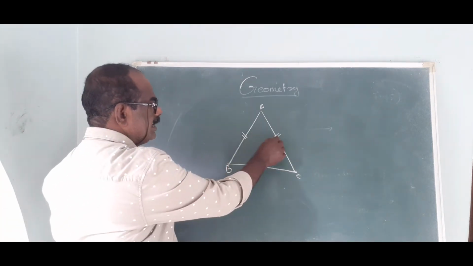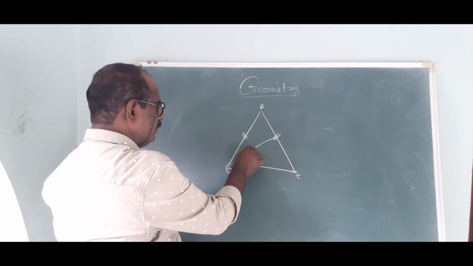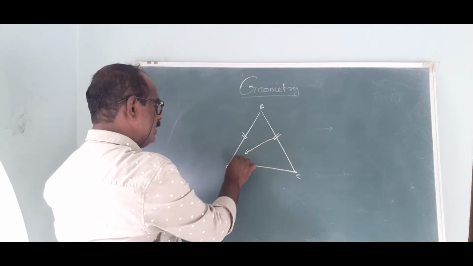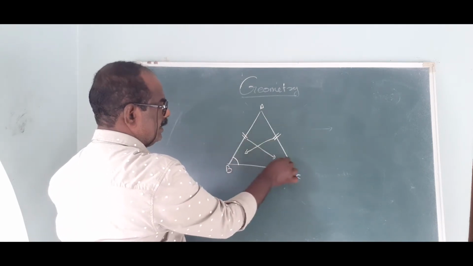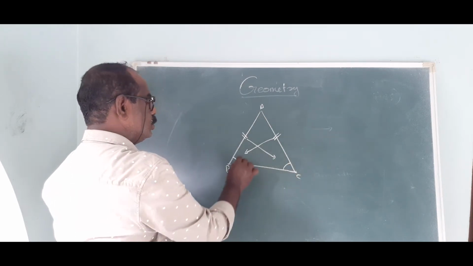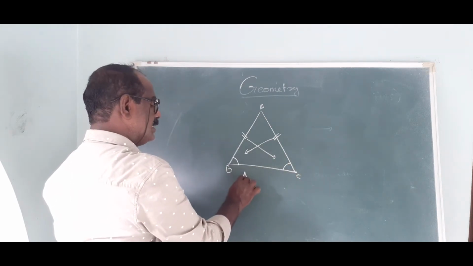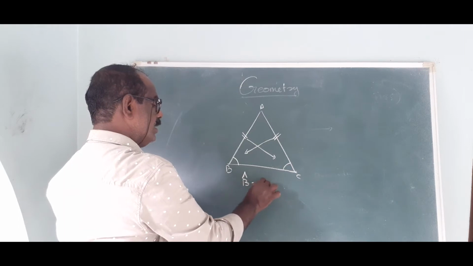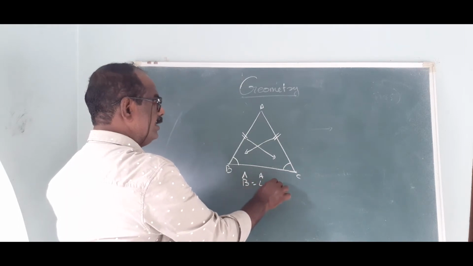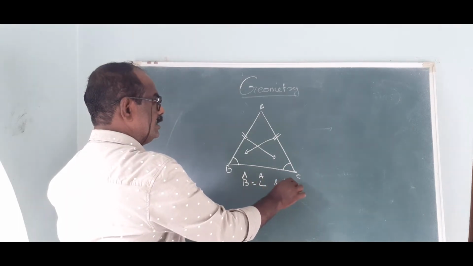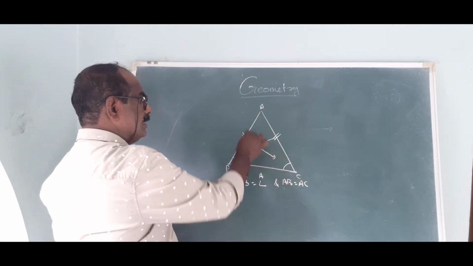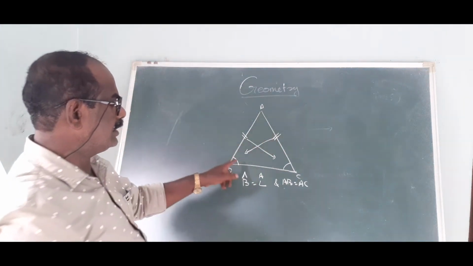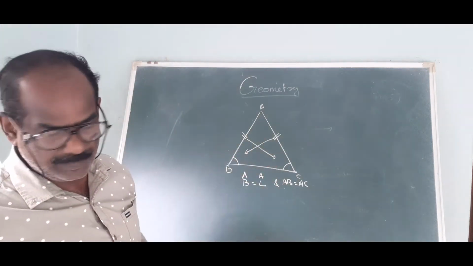If two sides are equal, then the angles opposite to these sides are always equal. We can say angle B is equal to angle C when AB is equal to AC. If these two sides are equal, then the opposite angles are also equal.